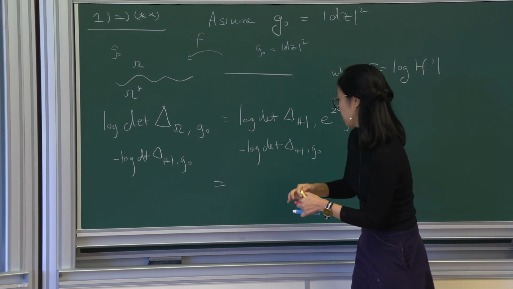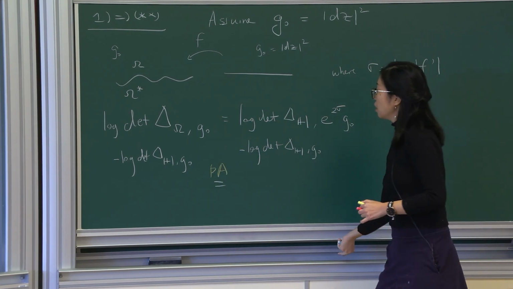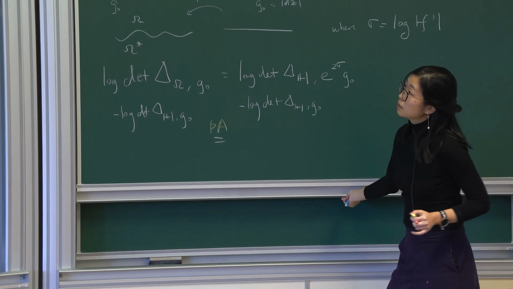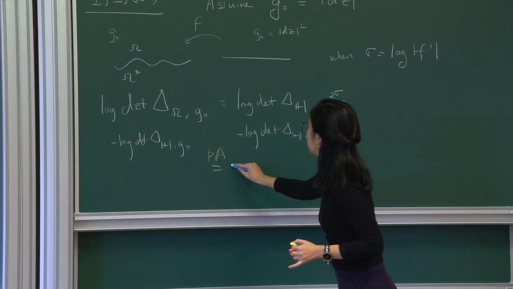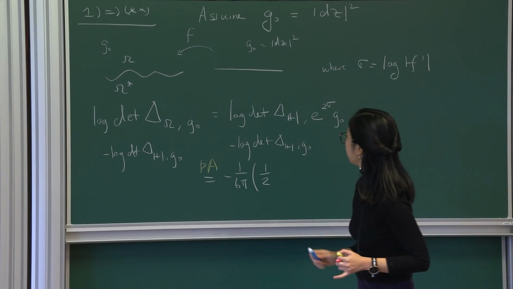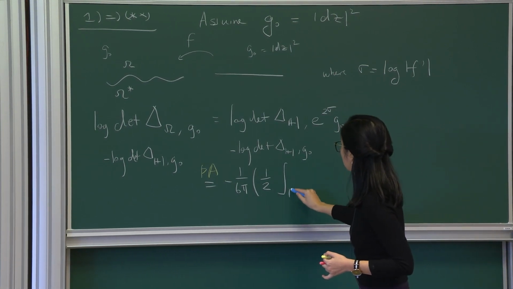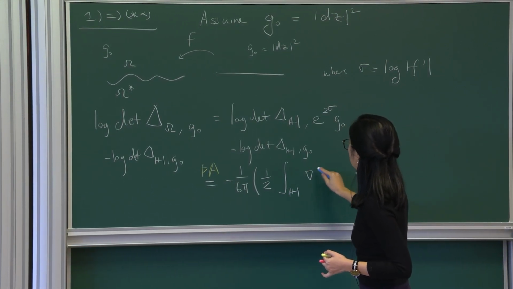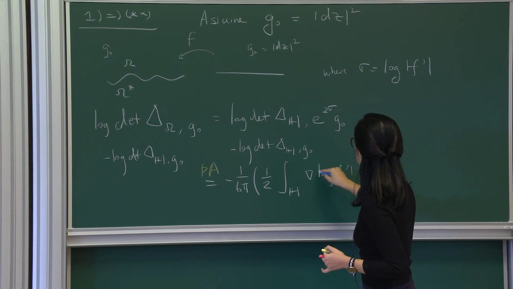And this is for Polyakov-Alvarez. Let's just apply it. You get minus 1/6 pi, 1/2 integral of gradient sigma. This is log of f prime.